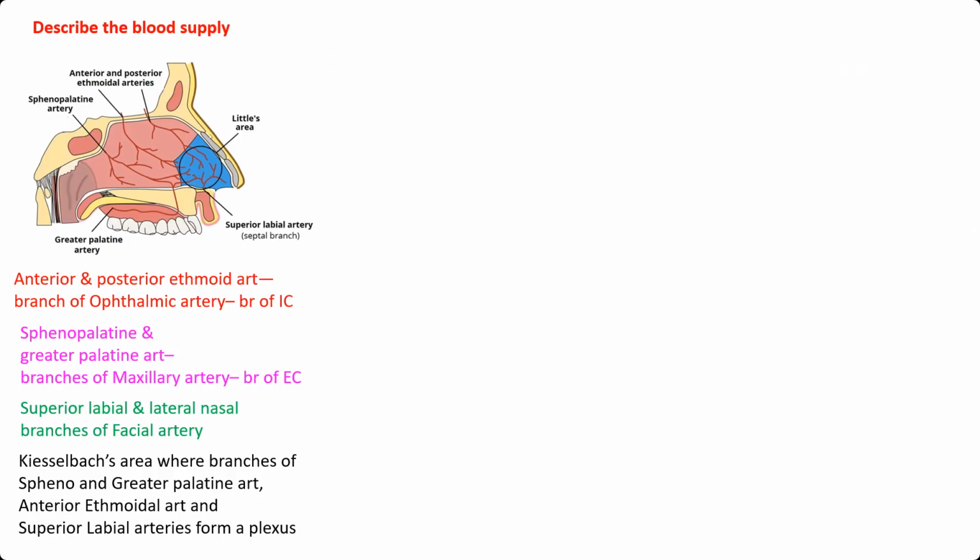So your aim must be to apply pressure over this area to stop the bleeding. You must pack the nose in such a way that you apply good pressure over Little's area or Kiesselbach's area if a patient lands up with severe epistaxis as an emergency. That is the applied anatomy of this arterial blood supply.